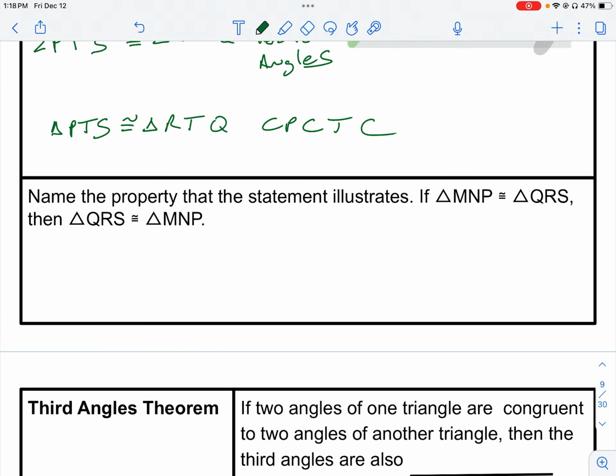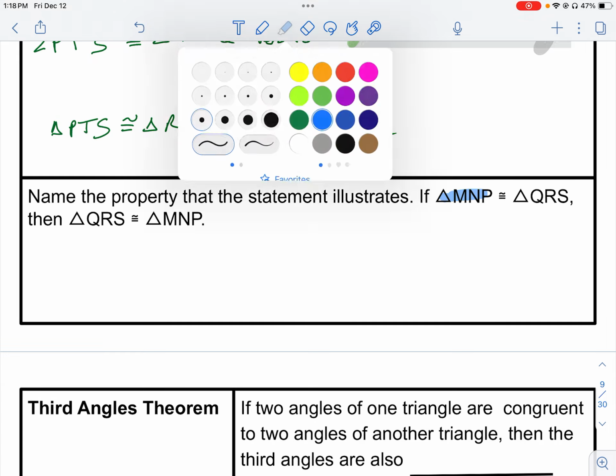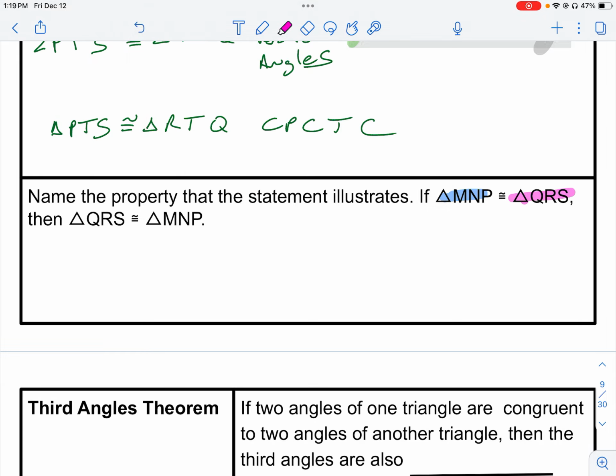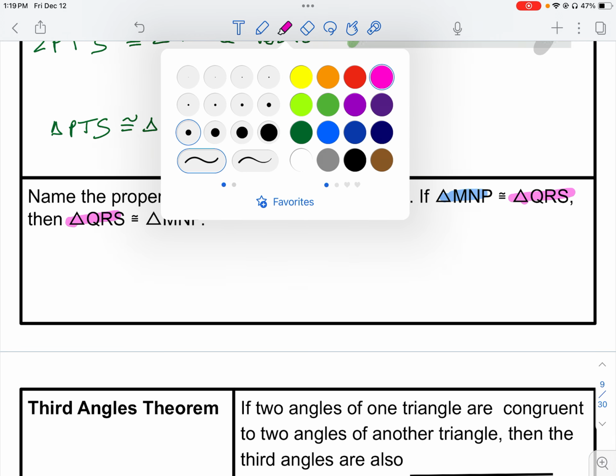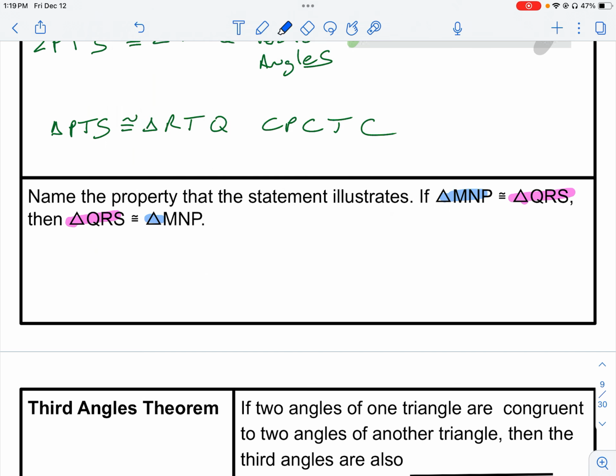All right, so quick refresher. If triangle MNP is congruent to QRS, then QRS is congruent to triangle MNP. What property is that?